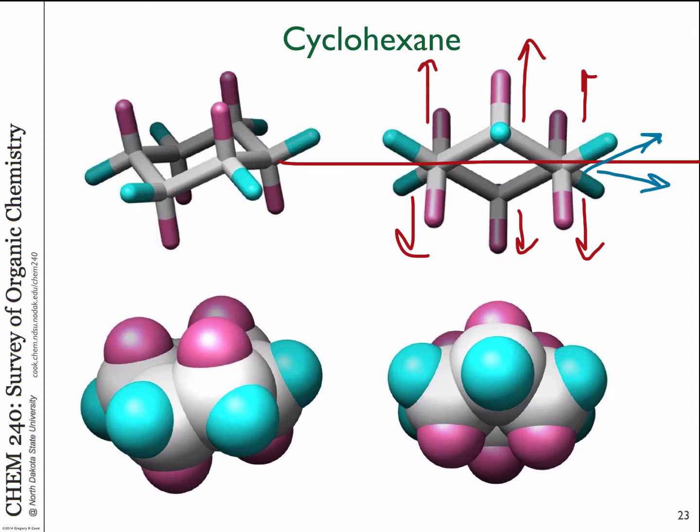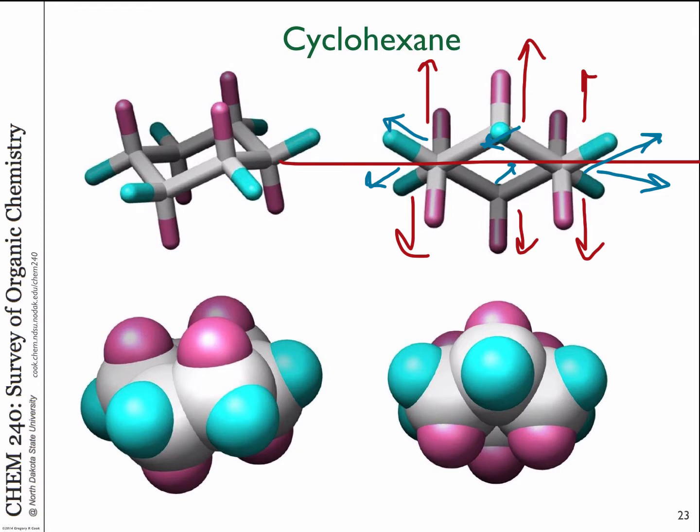The one in back, which you can't see, is pointing out away from the ring, away from you. This one's pointing out slightly down, this one's pointing out slightly up, this one's pointing out slightly down towards you. I've color-coded them because those hydrogens are actually in slightly different environments. So on each carbon of cyclohexane, the two hydrogens are actually different if you were to freeze the molecule in this conformation.